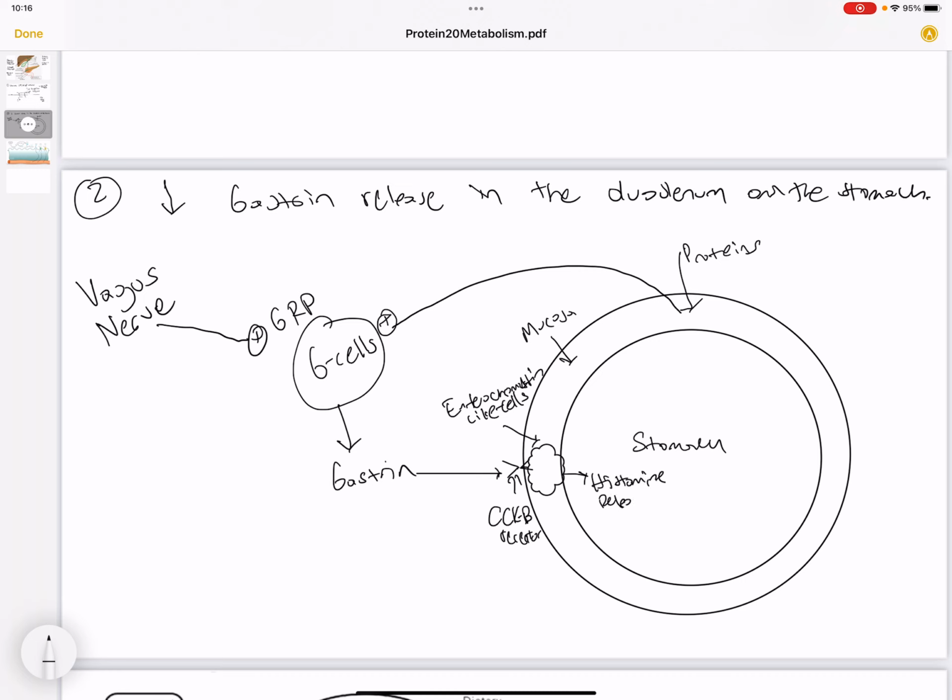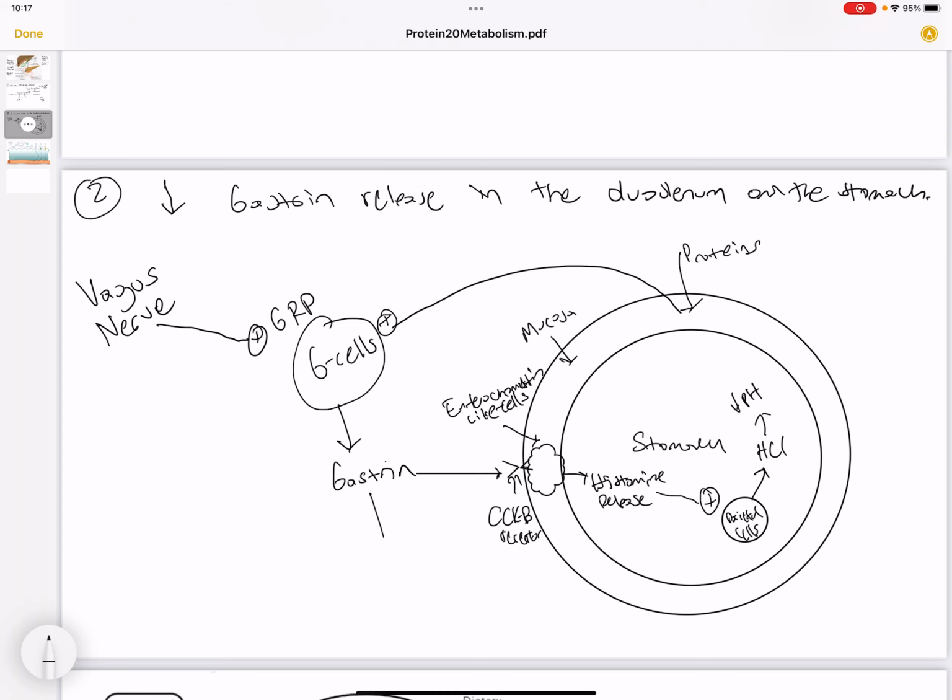Now, we talked about how in our stomach we have these parietal cells that release hydrochloric acid to decrease the pH of our stomach. Now, histamine is going to act on our parietal cells to secrete hydrochloric acid to lower the pH of our stomach.